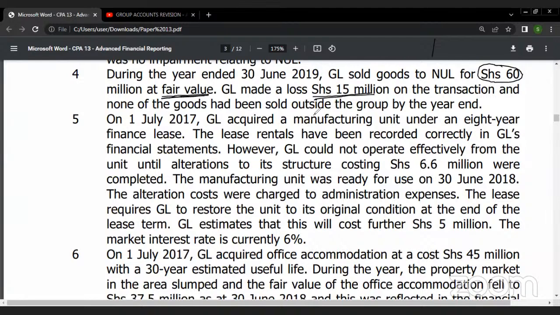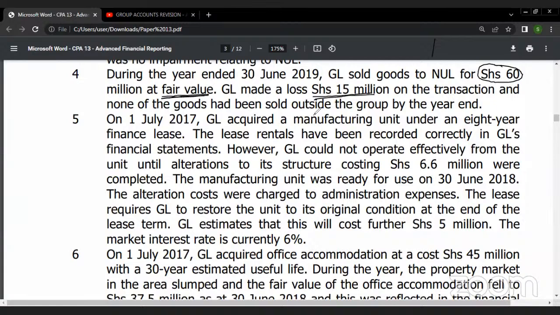Of course, in intragroup tradings where a loss is made, such transactions are not common. The transactions that are common are those where the members are making a profit. Maybe a parent sells to the subsidiary and then the parent makes a profit on this transaction.